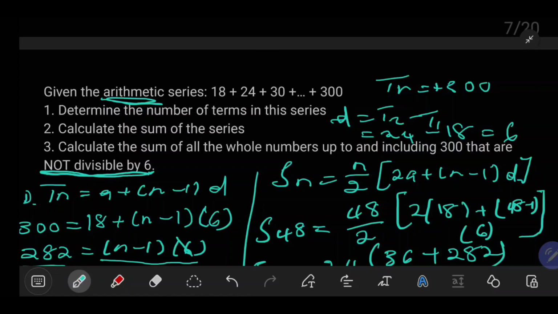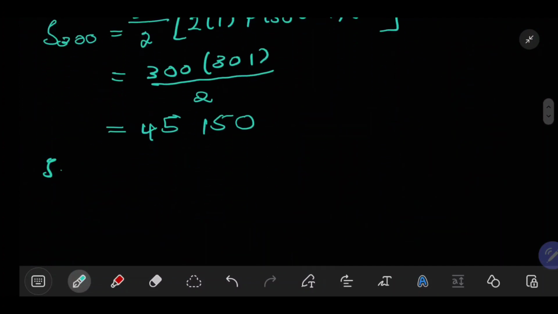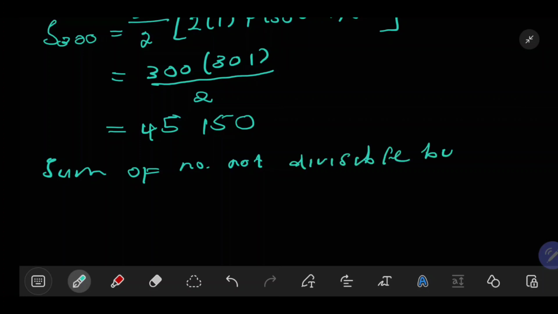Okay, so it means that to calculate the sum of numbers that are not divisible by 6, we should take the sum to be 45,150, which is the sum of all whole numbers from 1 to 300.